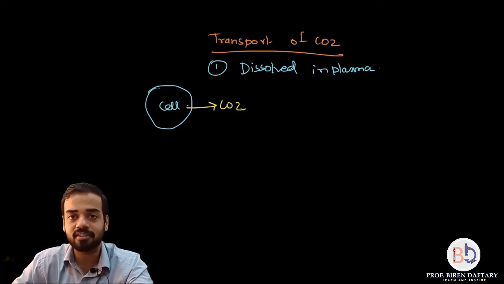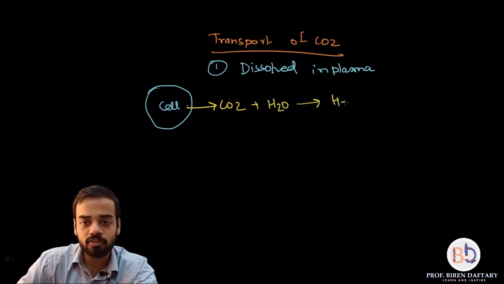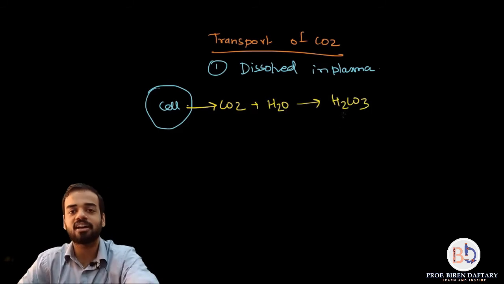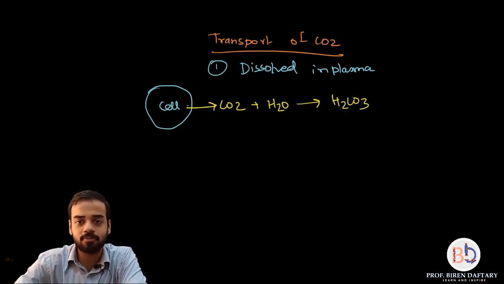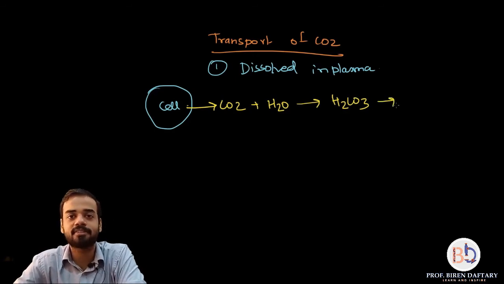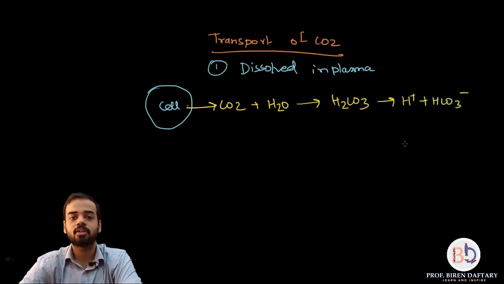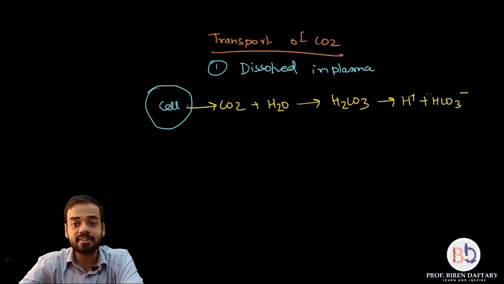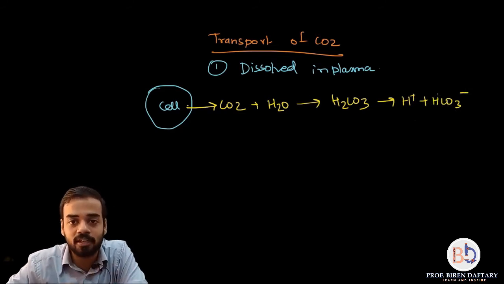It is released in the blood, and it reacts with water in the blood to form a compound called H2CO3, which is carbonic acid. In the plasma, this carbonic acid is present in the form of ions, so it splits up into H plus ion and HCO3 minus ions. So these ions are present when the carbon dioxide dissolves in the plasma.